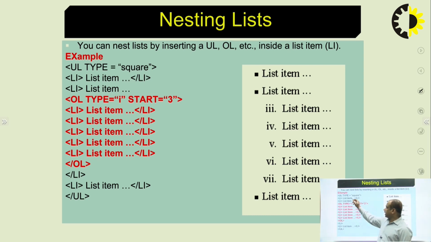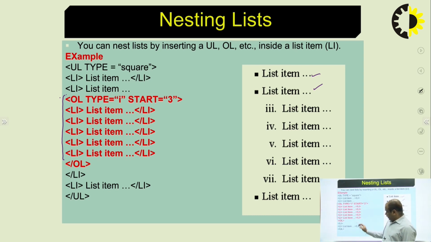So here I represent UL, an unordered list, type is square. So list items, my first and second list item. My list items will be in square. Next, in that list I am going to start another kind of list, that is a nested list. So OL type equal to I, and it starts with 3.